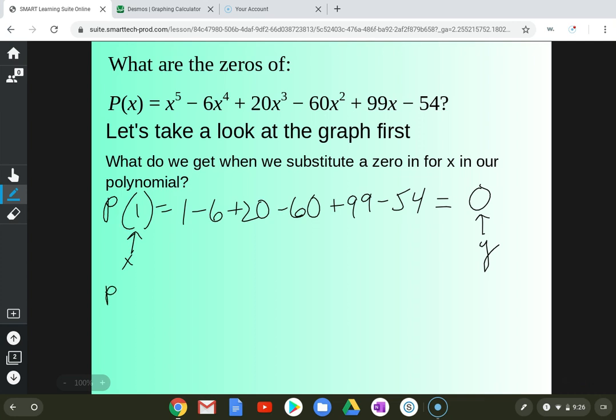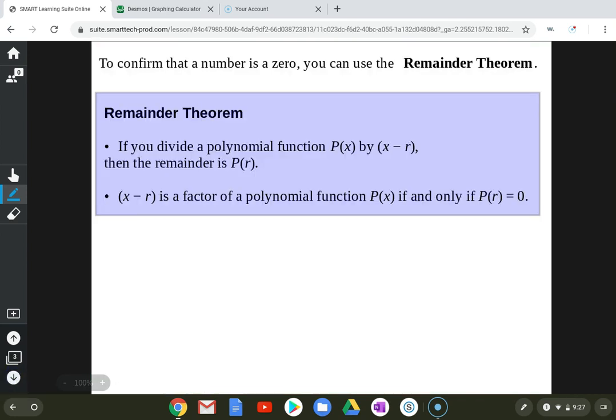And then by the same token, p of 2 is going to equal 0, and p of 3 is going to equal 0. So whenever we substitute any of the x-intercepts for our polynomial into our function, we're going to end up with an answer of 0. What is this called? This is called the remainder theorem.